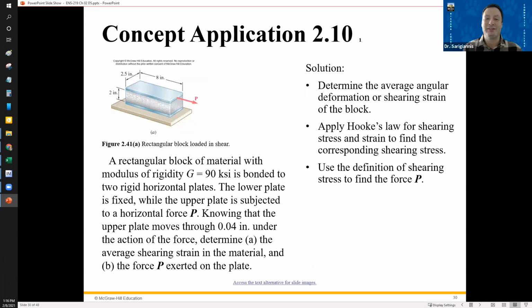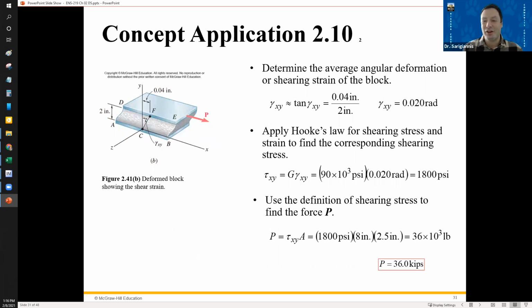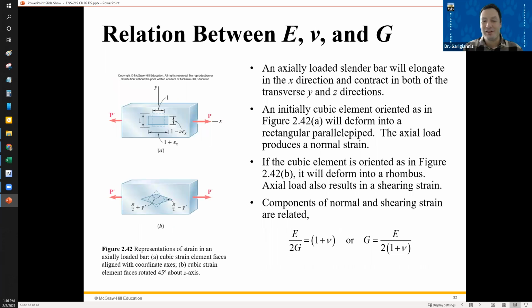slides which are, you know, just an application you can walk through on your own, I think, and do the numbers. Sorry, I forgot to start recording. This one here, the key is that depending on how you choose your element for analysis, you can see that there are normal stresses and also shear stresses, depending on how you're looking at this element inside the material.